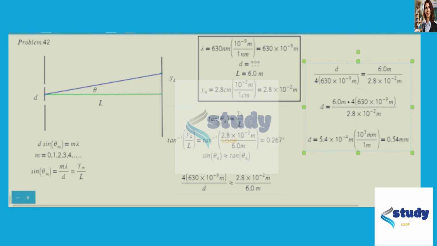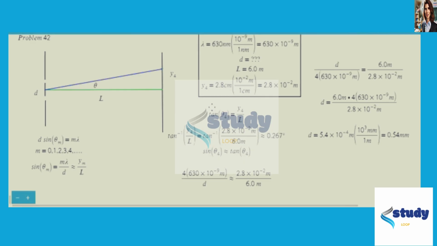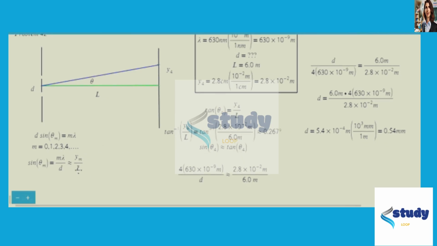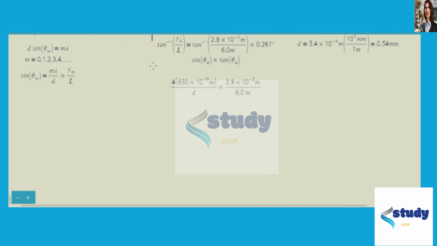Okay, so we've drawn the diagram. We've figured out the separation distance here, D. What else can we tell about these fringes? Let's use this formula and solve for y sub m.